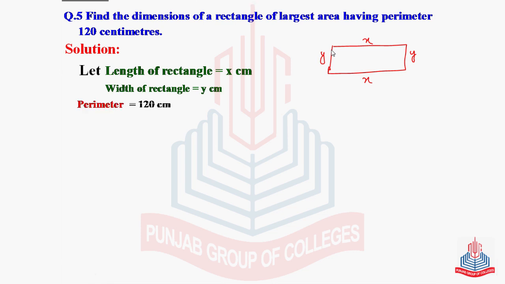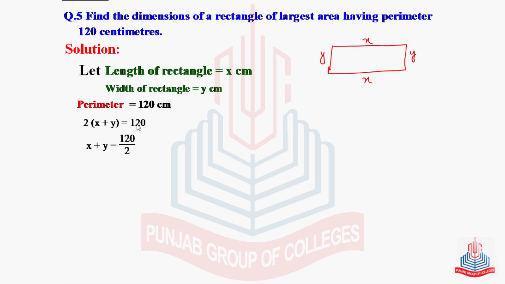So perimeter will become 120, and by formula the perimeter of the rectangle is 2 into length plus width. Length is x and width is y, so we have perimeter 2 into x plus y, and the given value of perimeter is 120.